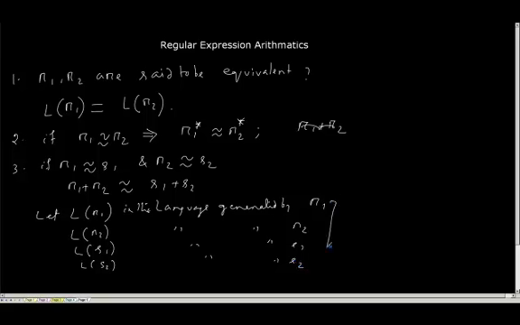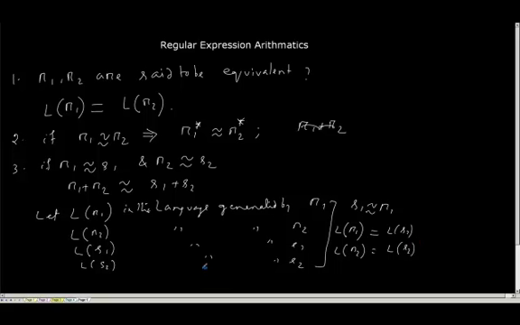Then S1 is equivalent to R1, which means L of R1 is equal to L of S1. Okay, and L of R2 is equal to L of S2.